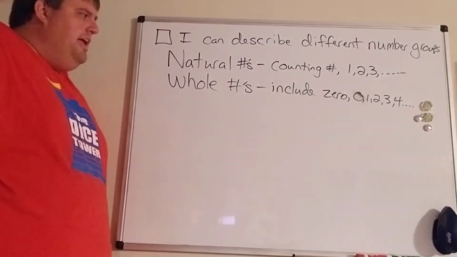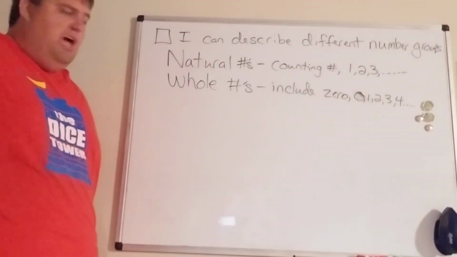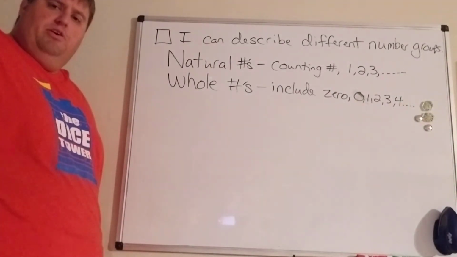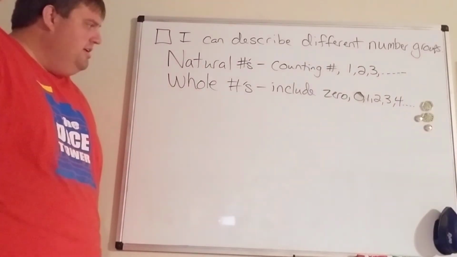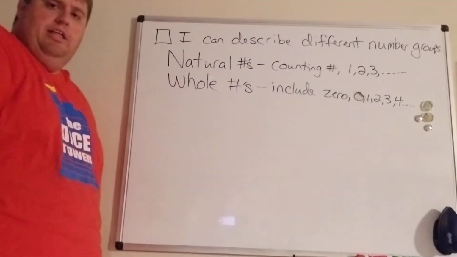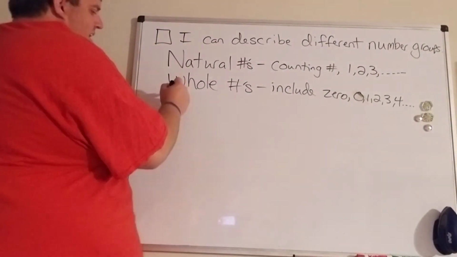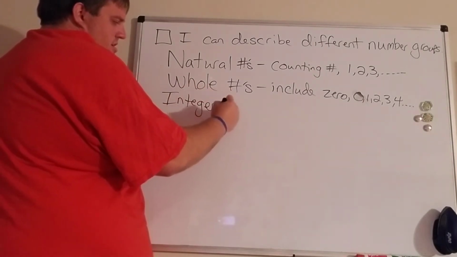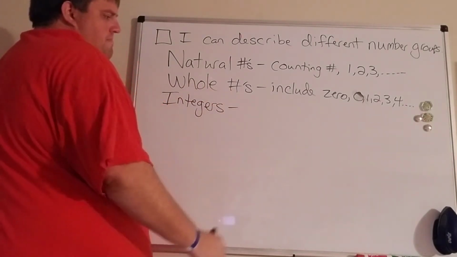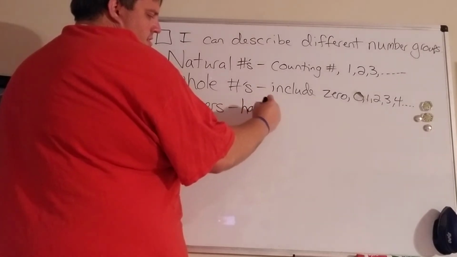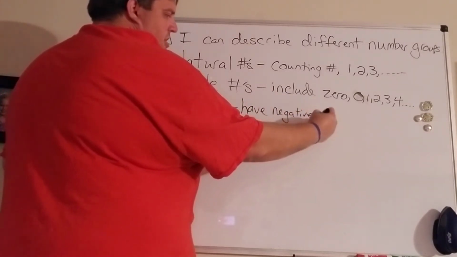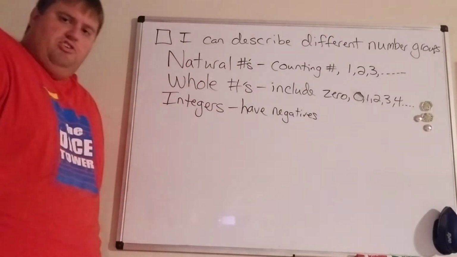Each time, we add a little bit to each group. The natural numbers were first, they had the positives, and then the whole numbers came along and added zero. Next we have the integers, and the integers have negatives. So this time they go on forever in both directions.